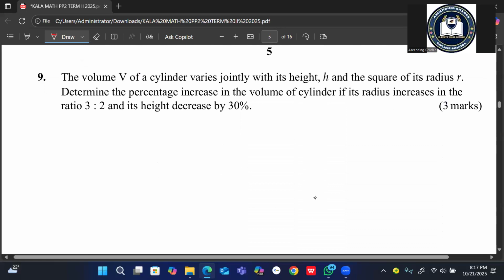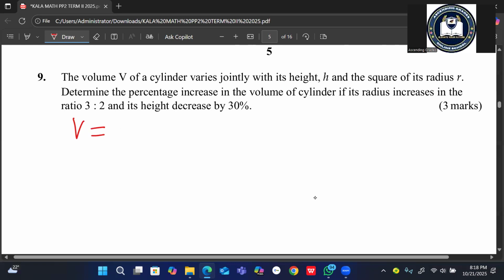The volume V of a cylinder varies jointly with its height h and the square of its radius r. Determine the percentage increase in the volume of the cylinder if its radius increases in the ratio 3:2 and its height decreases by 30%. So we've been told that the volume of a cylinder varies jointly with its height.